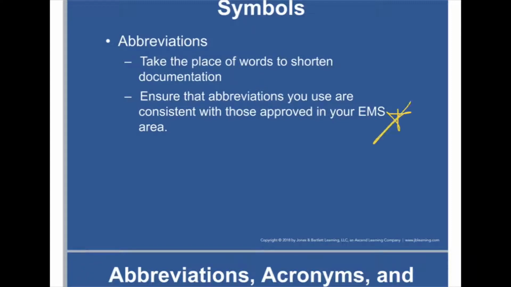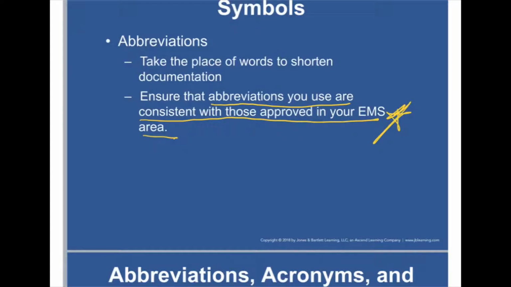Big thing, make sure that your acronyms and abbreviations are consistent with those approved in your area and system. Some systems have actually gone so far as to create a list of medical control approved abbreviations. If your system has that, I'd strongly encourage you to read through it and make sure you understand it well.